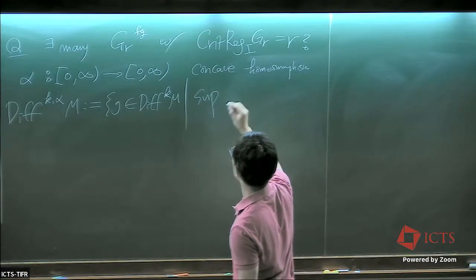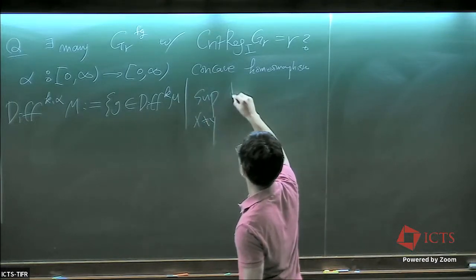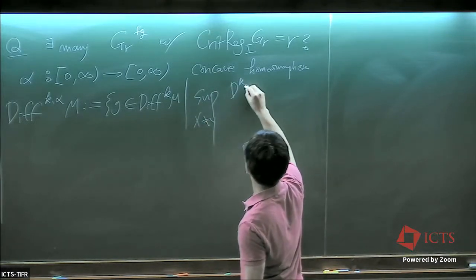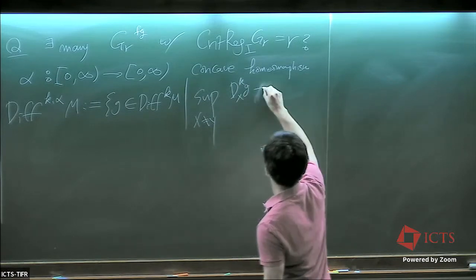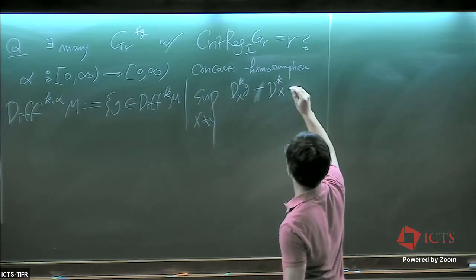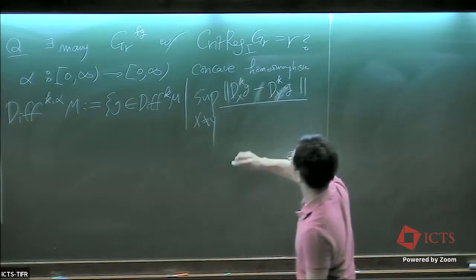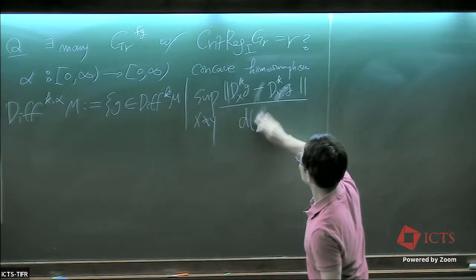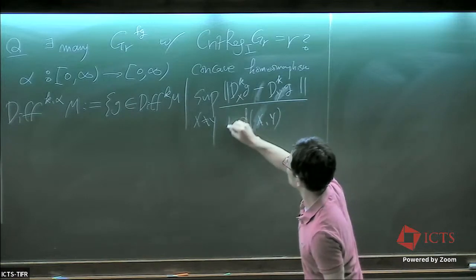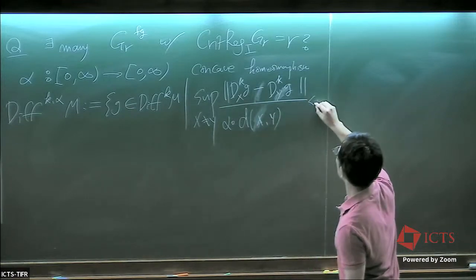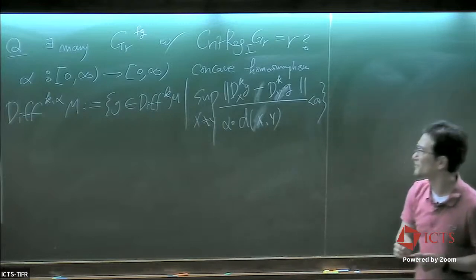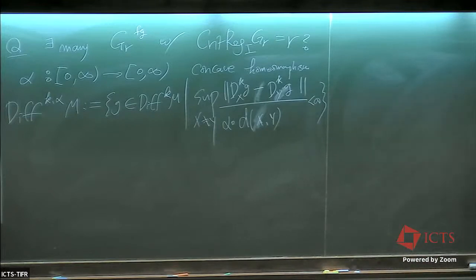The supremum, everything is compact, over x not equal to y, of the operator norm of the kth derivative at x minus the kth derivative at y, divided by alpha of the distance of x and y, is finite. So this is the definition of alpha Hölder continuous for a function alpha.